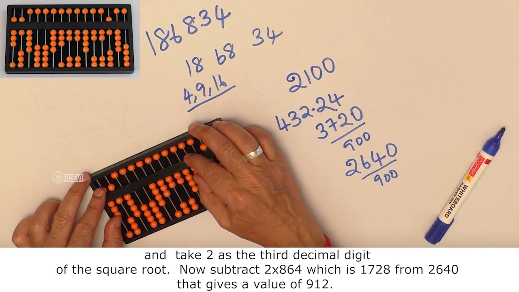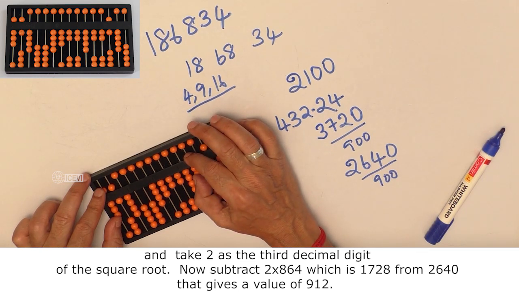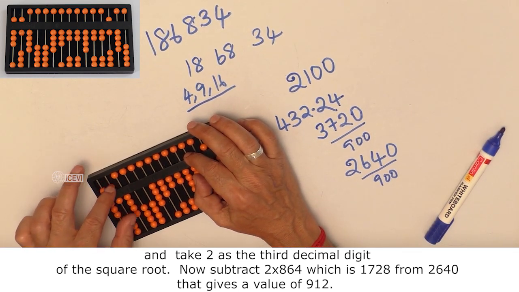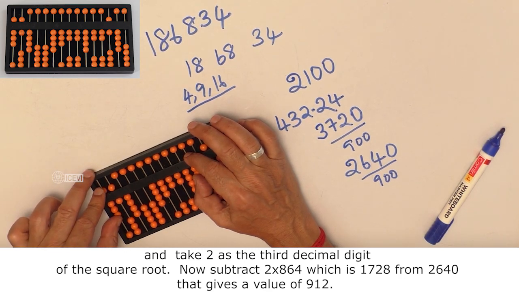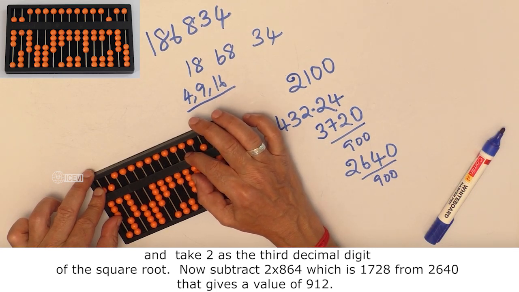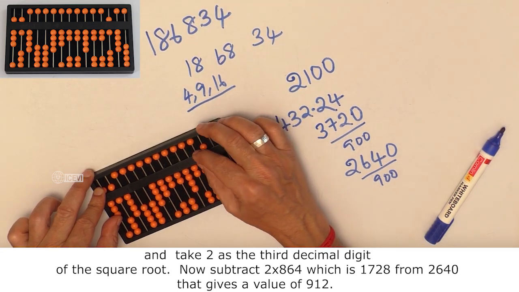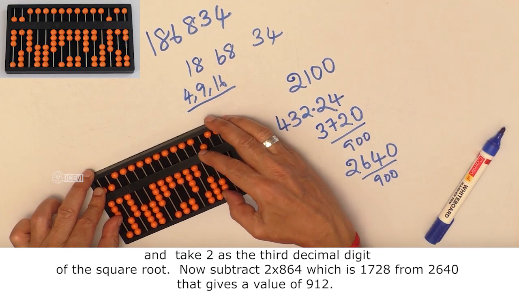Now subtract 2 multiplied with 864, which is 1728. Subtract it from 2640, that gives you a value of 912.